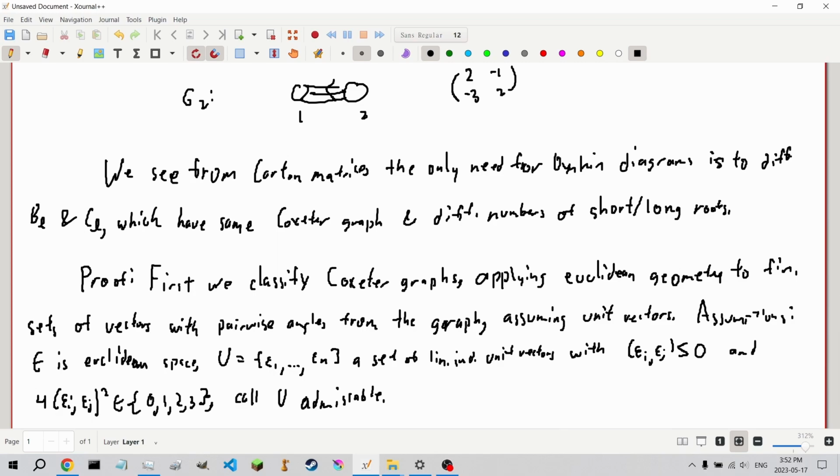For example, these can be the elements of a base of a root system scaled down to unit length.